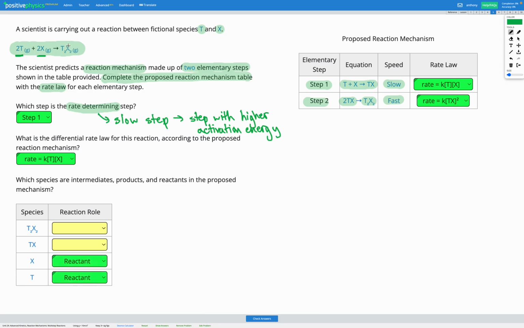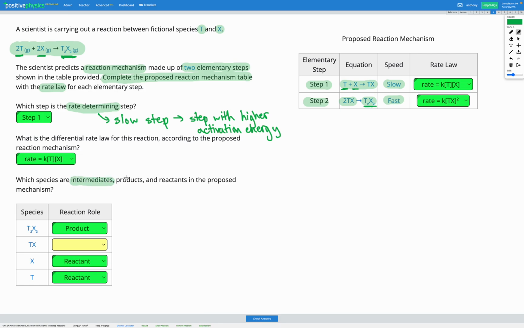Then for products, that's going to be the thing on the product side of our original chemical equation. So that's T2X2. So that's our product. So we can see that as well in our equations over here. T and X, those are things we're starting with at the beginning. And T2X2 is something we're ending up with at the end.